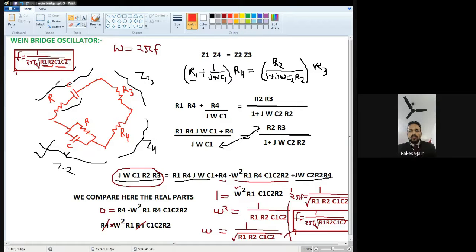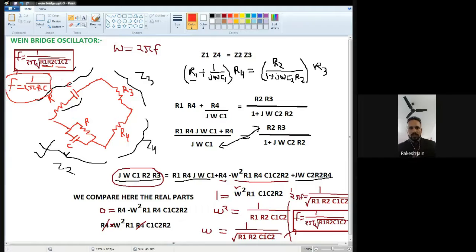So the frequency of oscillation will be f equal to 1 upon 2 pi RC, whenever R1 equals R2 equals R and C1 equals C2 equals C. So that is the derivation of the frequency of oscillation formula for a Wein bridge oscillator.